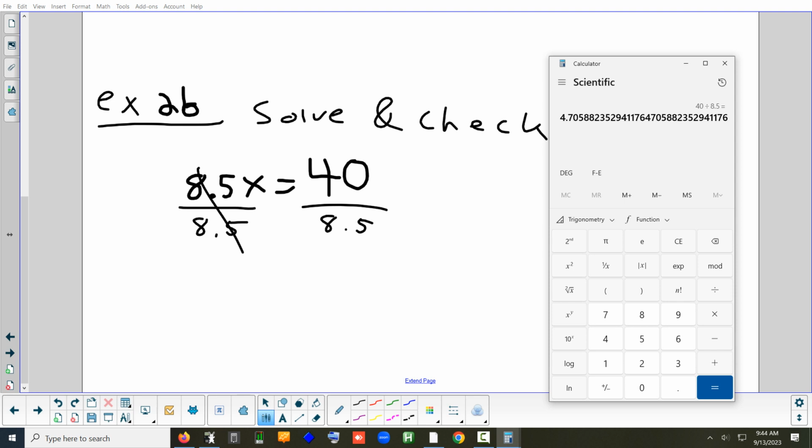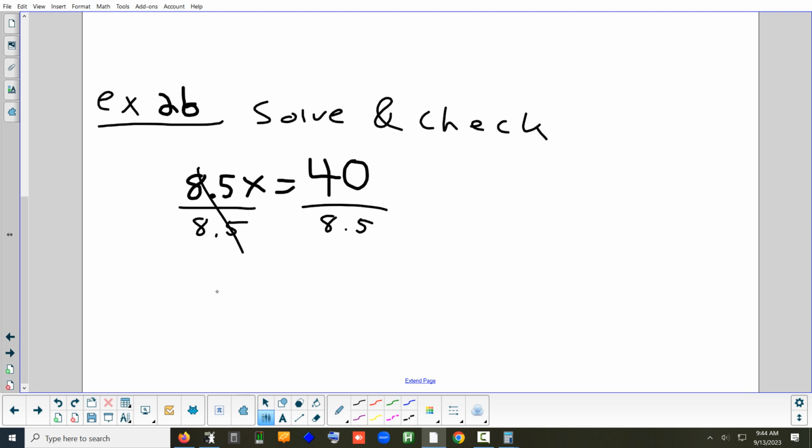Yes. So that's 4.705. If we're going to round to 2, that digit is a 5 or higher, it rounds up. If it's 5 or higher, you round up, and if it's not, you just leave it. So if we're going to round it off, we would put x, we'd put 4.71.